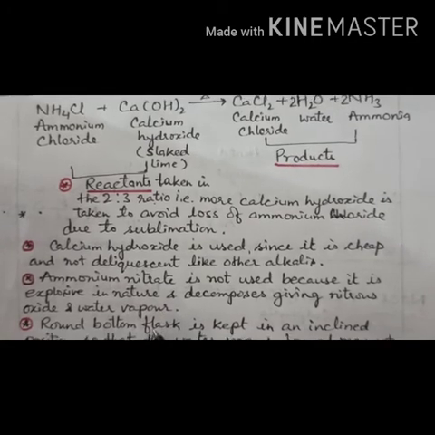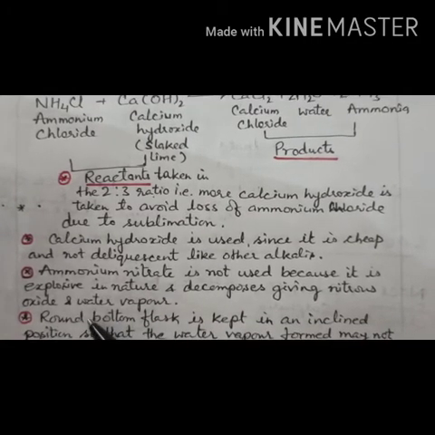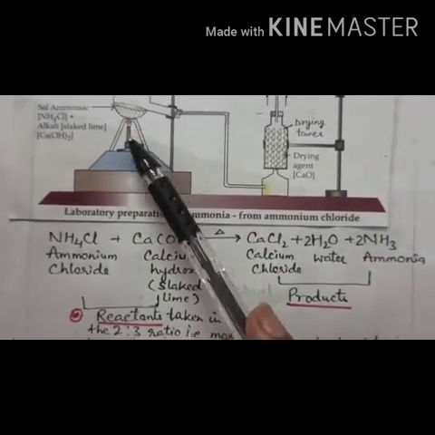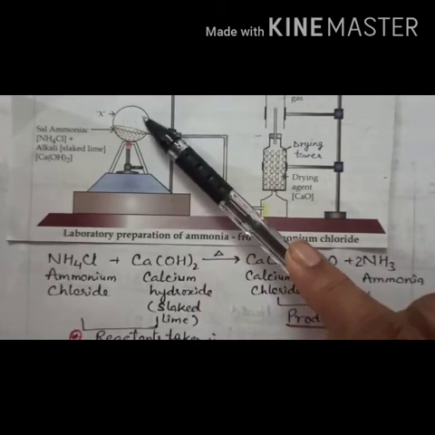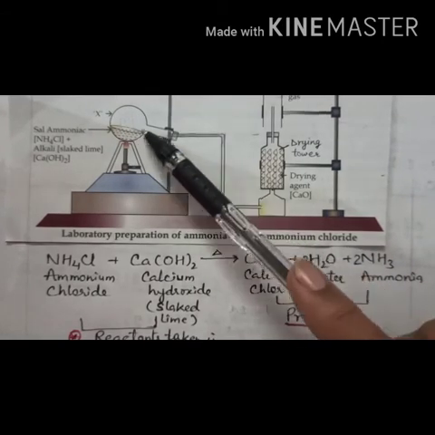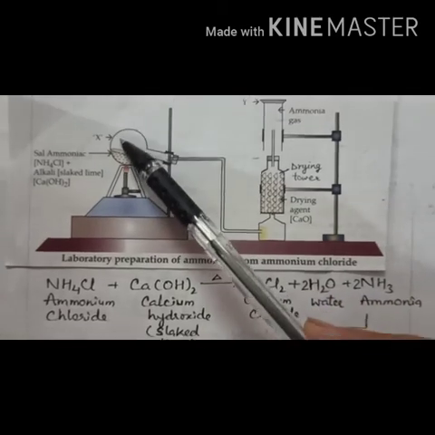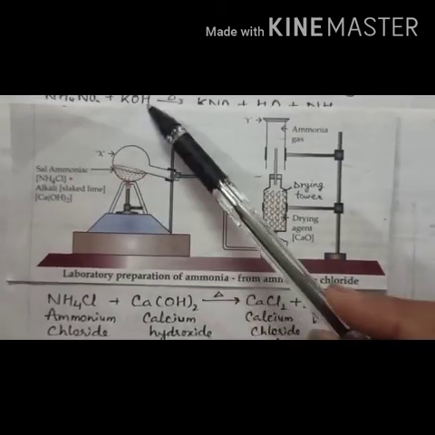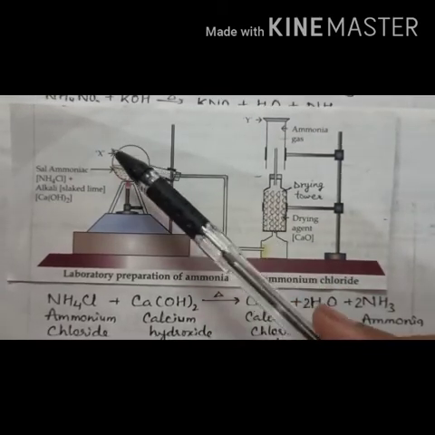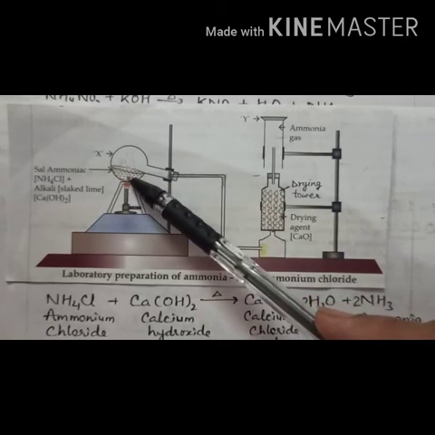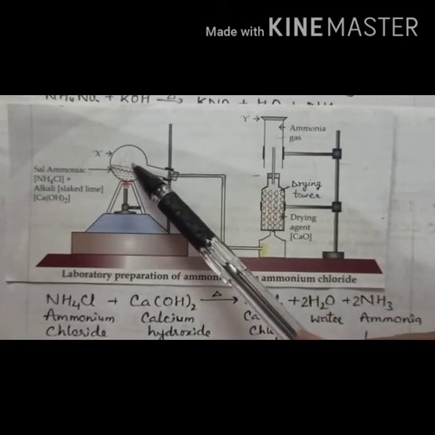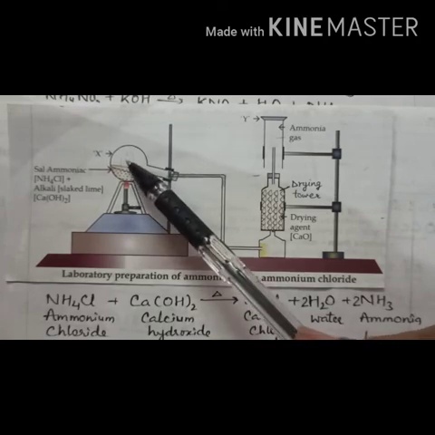Right? Now next, when you are preparing this ammonia gas, you will see that this round bottom flask is kept in an inclined position, not in a straight position. You can keep it in a straight position also, but you will not. It is kept in an inclined position. Why? In this reaction, water vapors are also produced along with the gas.